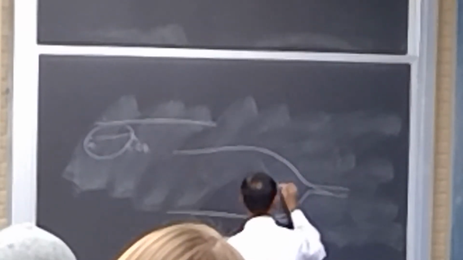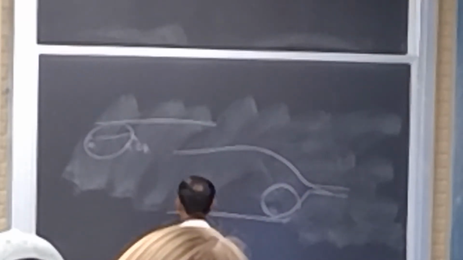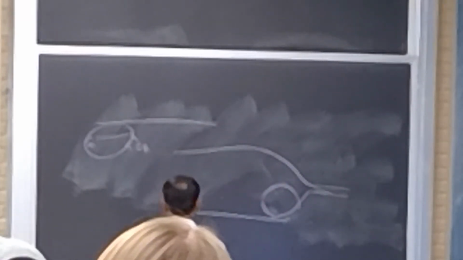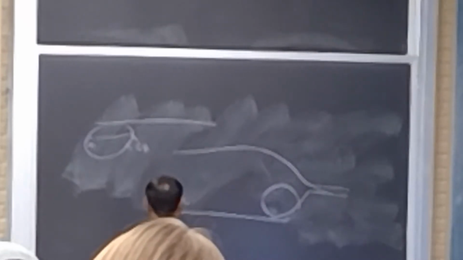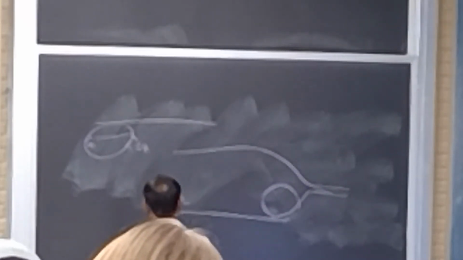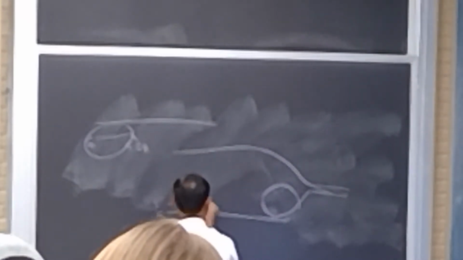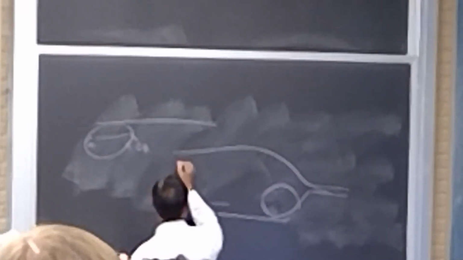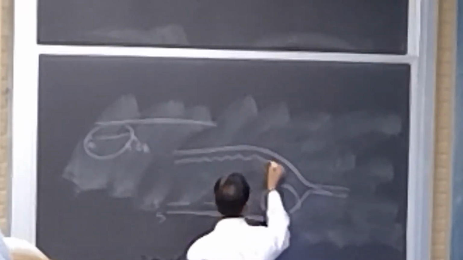So you have these Okazaki fragments. This is 5 prime, 3 prime, Okazaki fragment, and this is your leading strand. Does it make sense? For the leading strand, you need just one primer to start with.